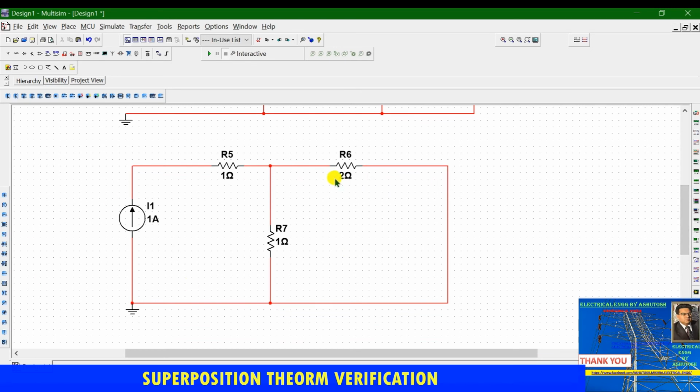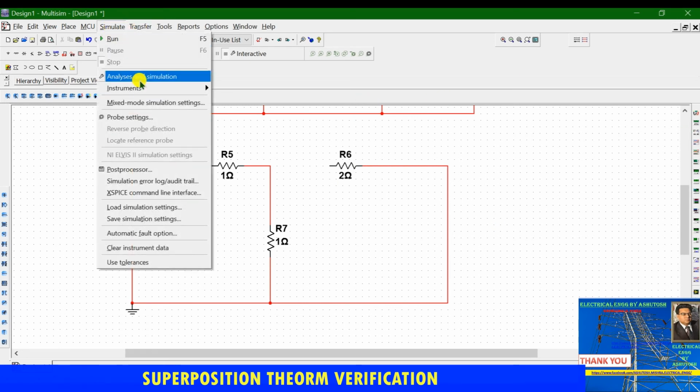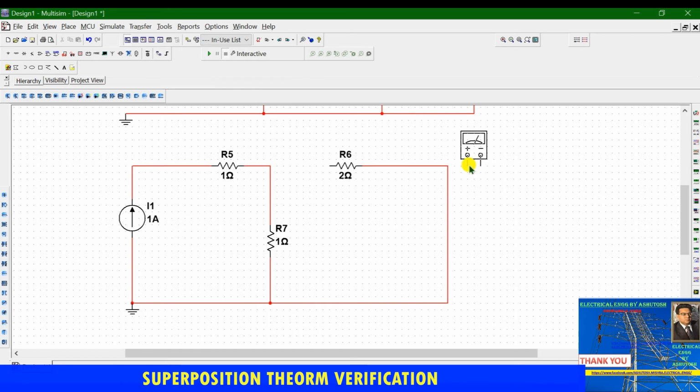Now we have to find out the current in this branch. So just delete this path and again choose instrument multimeter. Put a multimeter over here and just join from here to here.